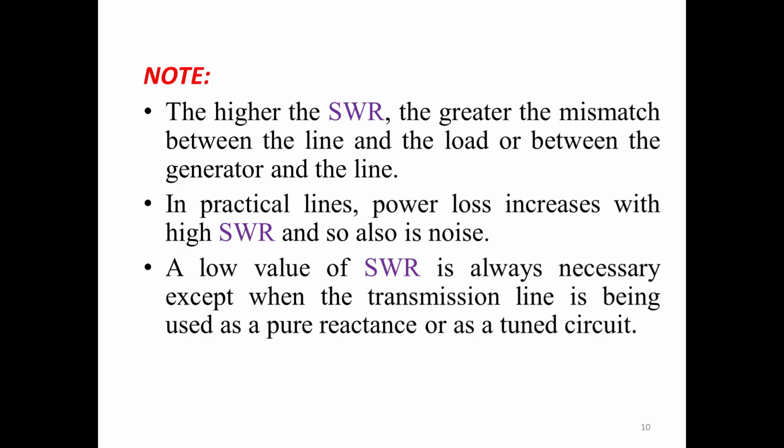Note, the higher the standing wave ratio, the greater the mismatch between the line and the load, or between the generator and the line. In practical lines, power loss increases with high standing wave ratio, and so also does noise. A low value of standing wave ratio is always necessary, except when the transmission line is being used as a pure reactance or as a tuned circuit.